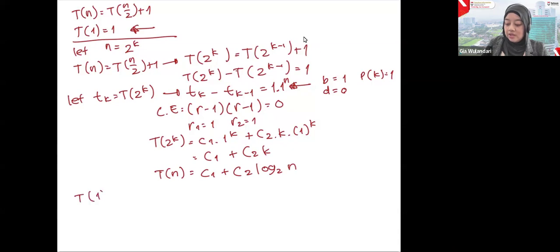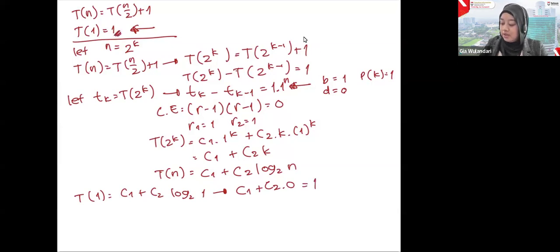So T1 is C1 plus C2 log 1, which means C1 plus C2 times 0 is equal to 1 from here. Or we can say that C1 is equal to 1. And we still need to find the value of C2, so we will find another value of n. So C1 plus C2 log 2, 2. So it is C1 plus C2 times 1.